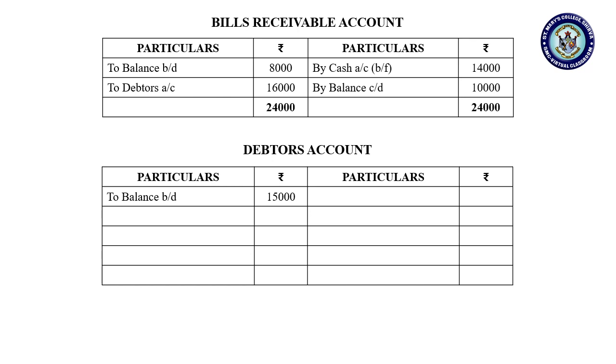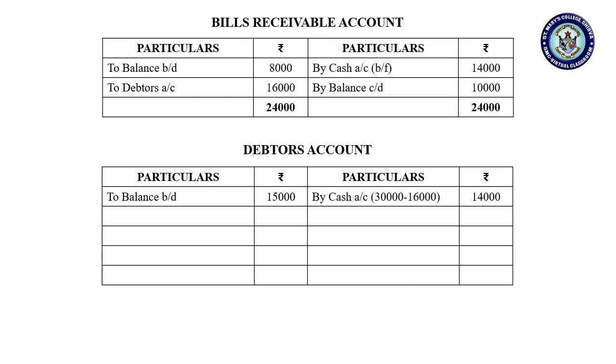Now cash and bills receivable received from the debtor 30,000. For cash received from debtor, the journal entry will be cash account debit to debtors account. For bills receivable received, bills receivable account debit to debtors account, which is just now recorded in the bills receivable as 16,000. So out of 30,000, 16,000 is bills receivable received. The remaining 14,000 will be cash received.